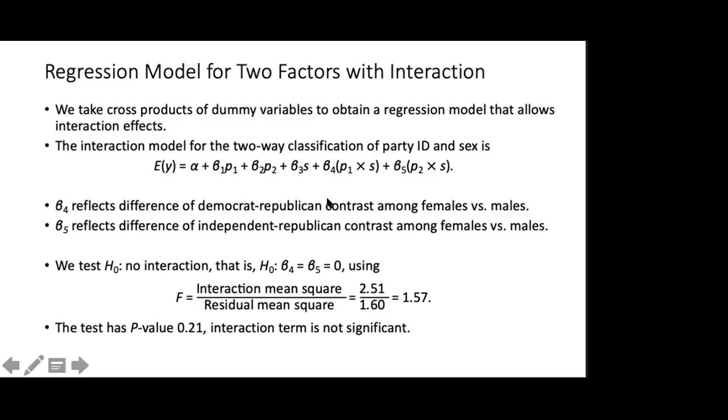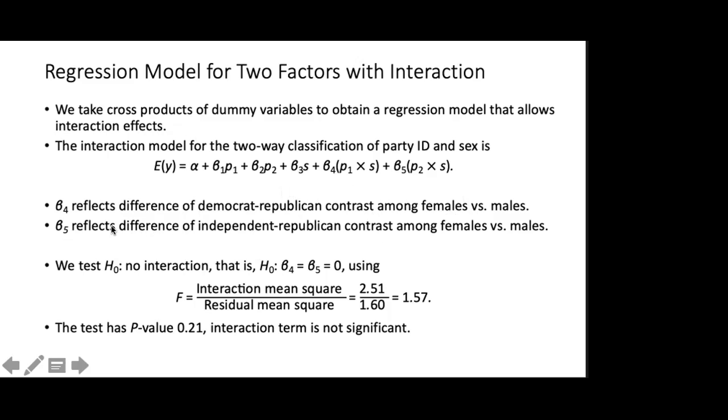So basically, how does the difference in ideology between Democrats and Republicans differ across females versus males? Is there maybe a smaller or larger difference between Democratic and Republican women as compared to Democratic and Republican males?